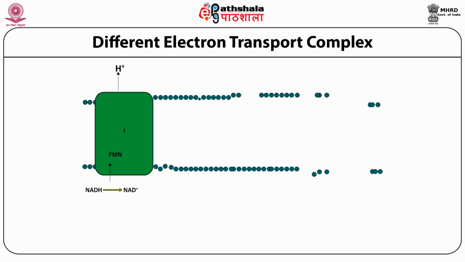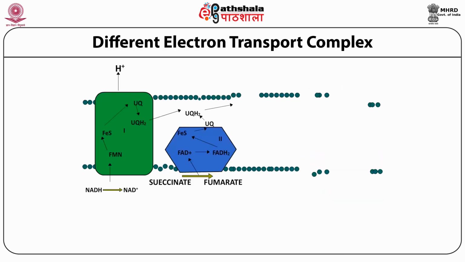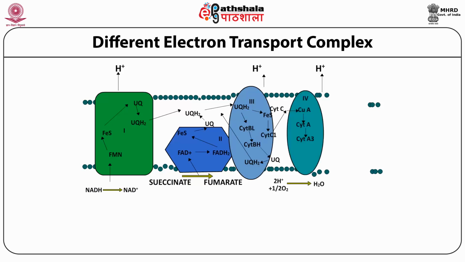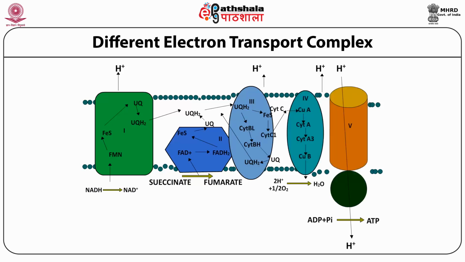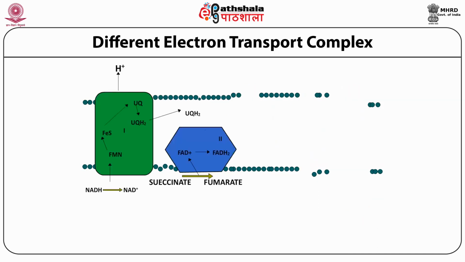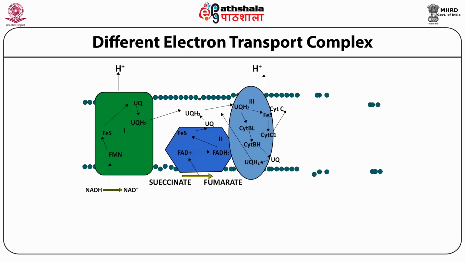So the net effect is we use 2 reduced ubiquinone, produce 2 cytochrome C, and regenerate 1 reduced ubiquinone. Each cytochrome C has 1 electron, and this cycle is known as Q cycle because ubiquinone is recycled.